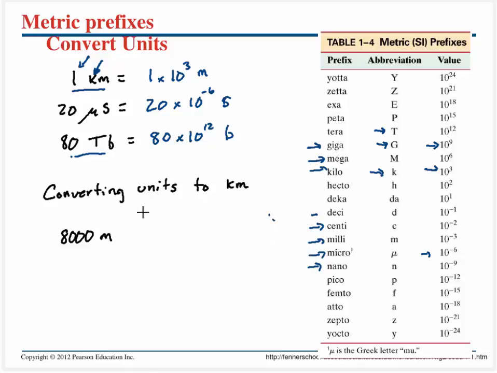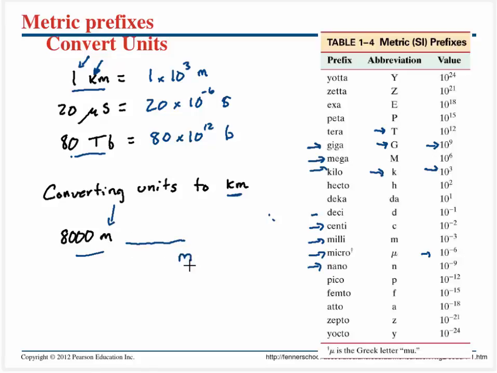Now let's talk a little bit about converting units. Suppose I say I've measured something as 8,000 meters. Let's go ahead and convert that to kilometers, and I want to do that explicitly showing the cancellation of units. So I've got meters up here.